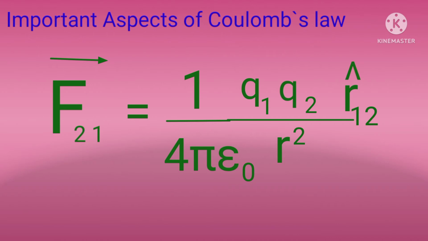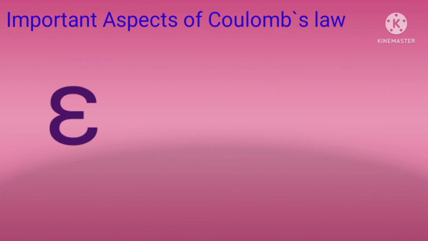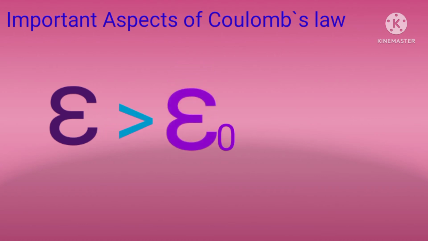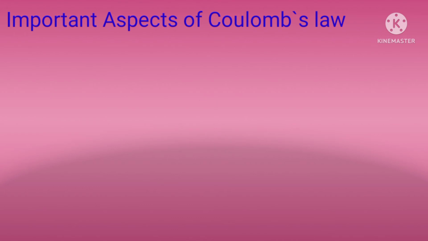In a medium of permittivity epsilon, the force between 2-point charges is given by F21 equal to 1 by 4 pi epsilon Q1 Q2 by R square R12 cap, where epsilon 0 is replaced by epsilon. Epsilon will always be greater than epsilon 0. Therefore, the force between 2-point charges in a medium other than vacuum is always less than that in vacuum.